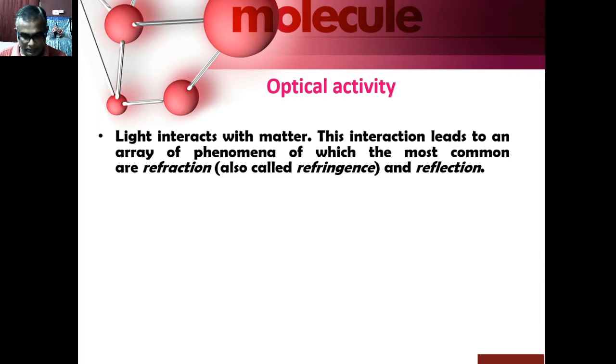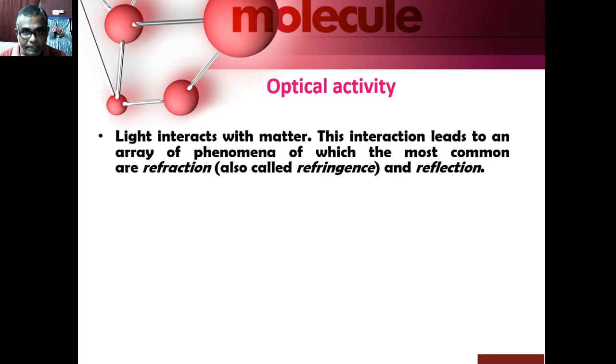What is light? We all know that light is an electromagnetic radiation. It has both electrical and magnetic properties, and it has both electrical and magnetic vectors oscillating in a perpendicular direction.